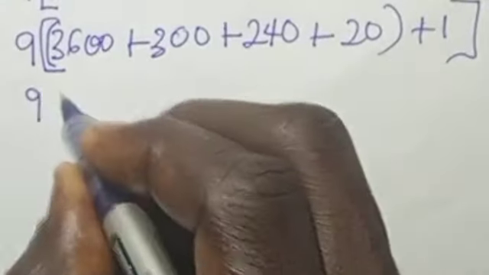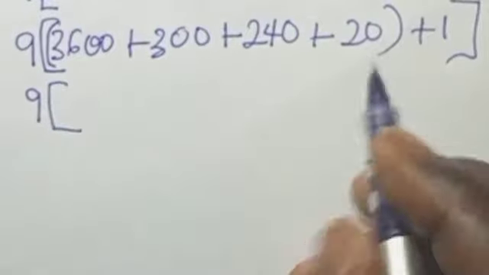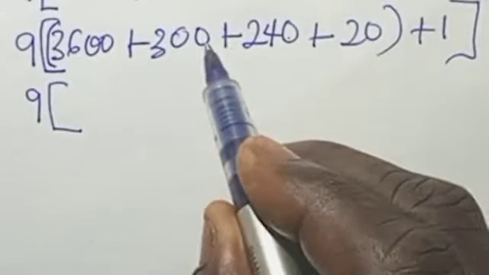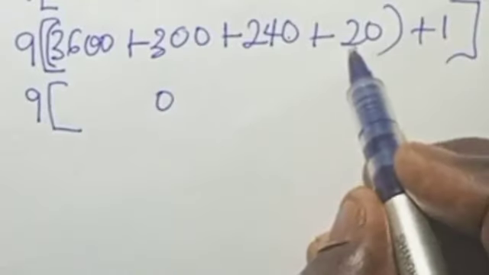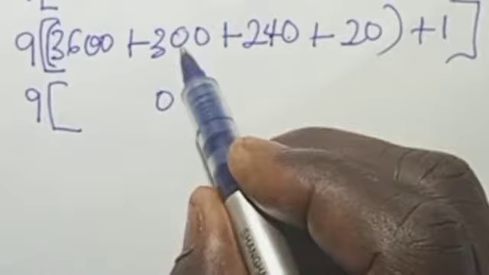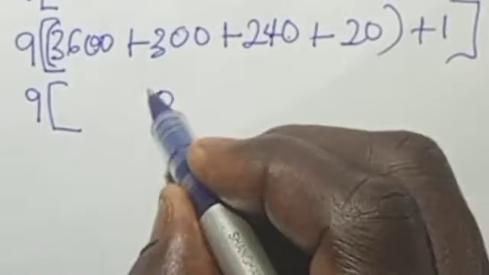And we have 9 times, adding the units: 0 plus 0 plus 0 plus 0, we have 0. Then 2 plus 4, 6, plus 0, 6, plus 0, 6.